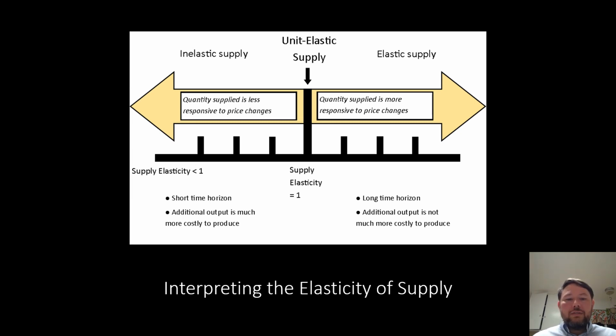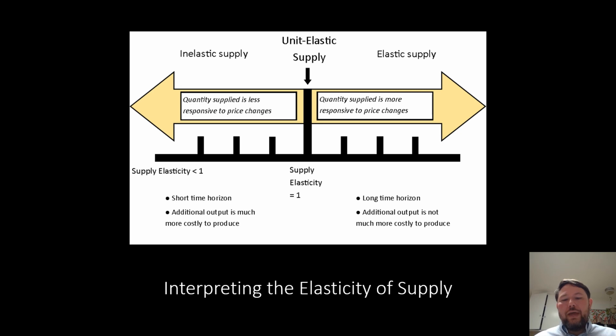So inelastic supply has two determinants: a short time horizon, and additional output that is much more costly to produce. It's really costly to produce more. That results in inelastic supply. And then for elastic supply, the longer time we have, the more elastic we find supply to be.